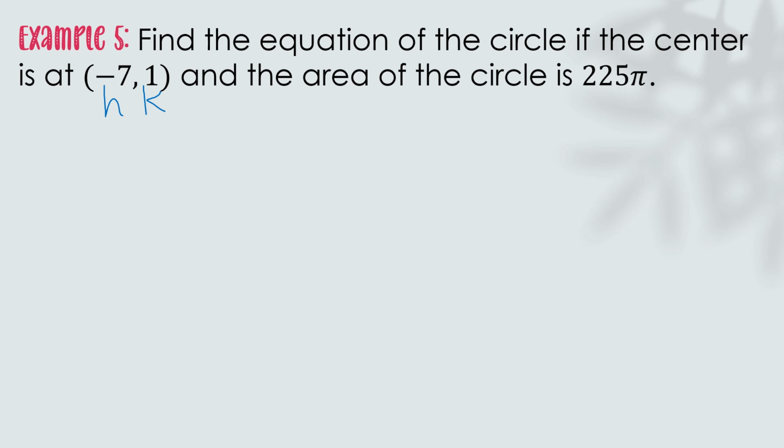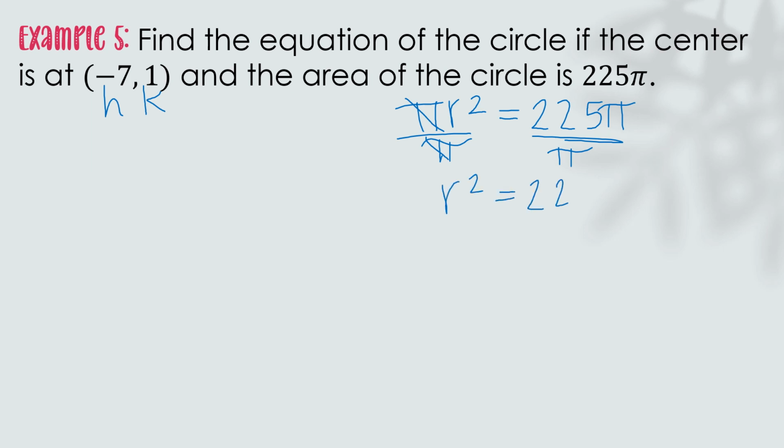You should know that the area of a circle is pi r squared, and we know the area of this circle is 225 pi. So I'm going to solve for r. I'm going to divide both sides by pi. That gives me r squared equals 225, the pi's just cancel out. Then I take the square root, and the square root of 225 is 15. So now I know my radius is 15.